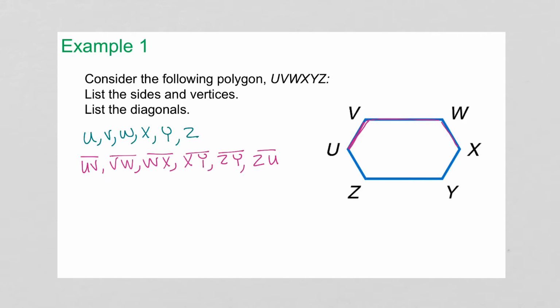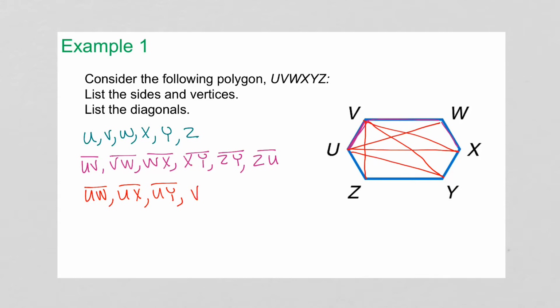And then it asks for the diagonals. So I'm going to start with U and go around. So UW, UX, and UY. And then with V, we would have VZ, VY, and VX.